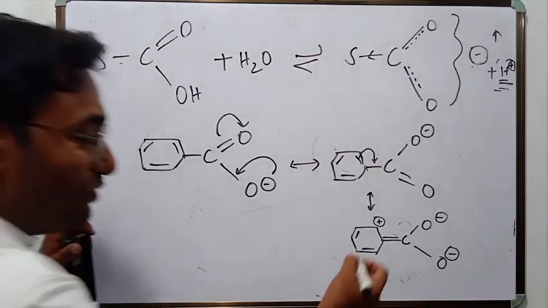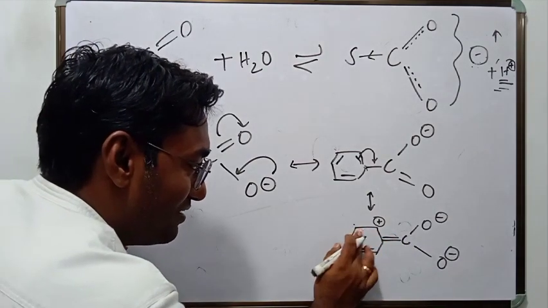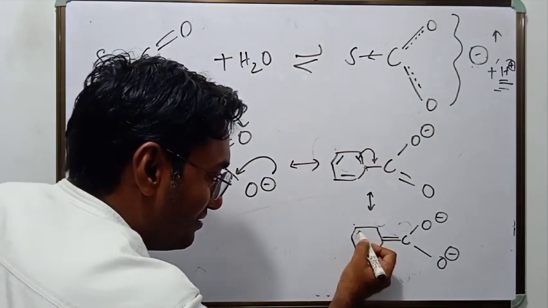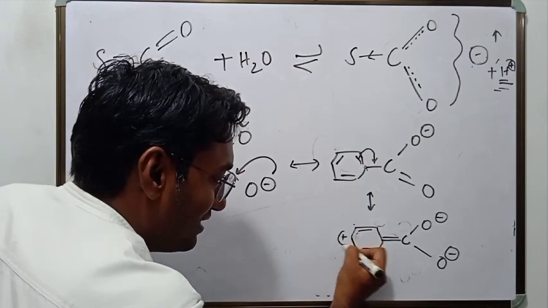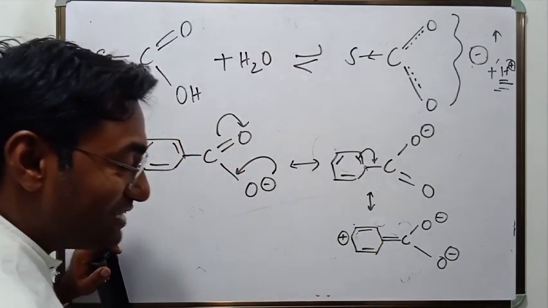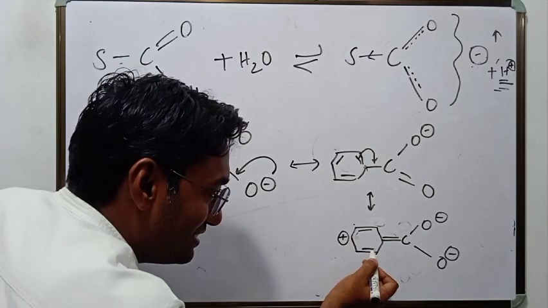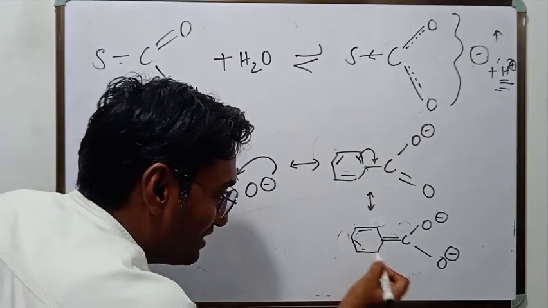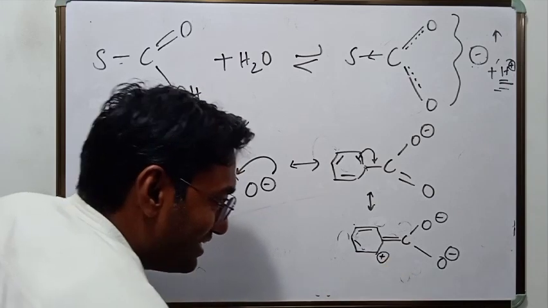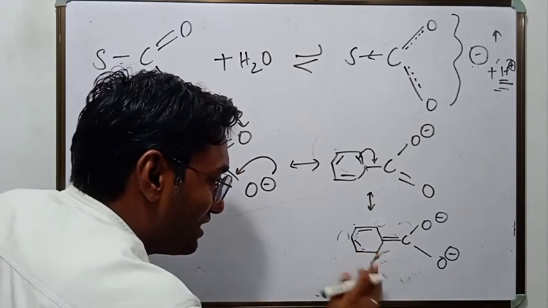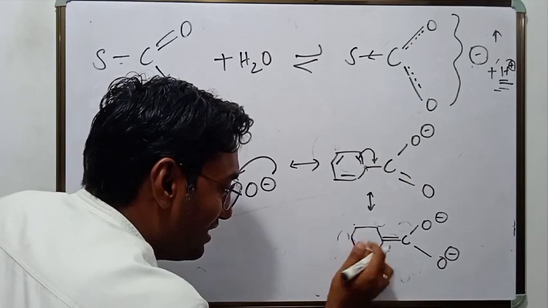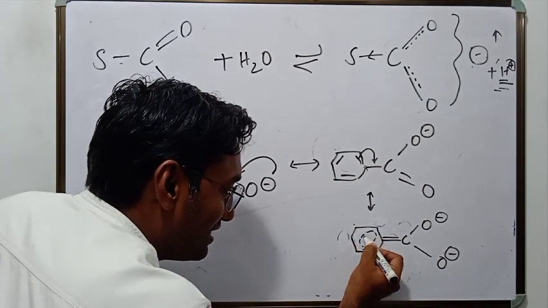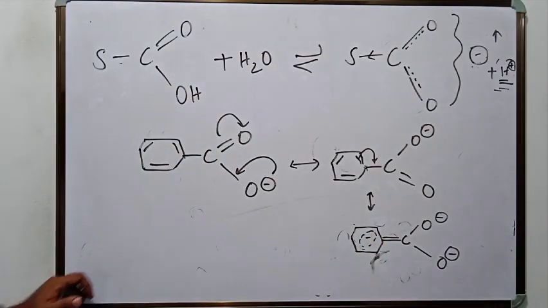Now this can come here, right? Now what is the other resonating structure? This pair of electrons can come here. So that would mean the positive sign is here. Correct? So totally, here also owing to the phenyl ring there are three resonating structures, right? This is positive.